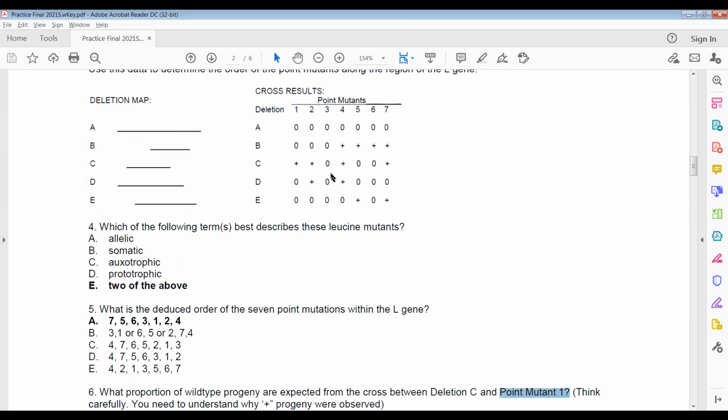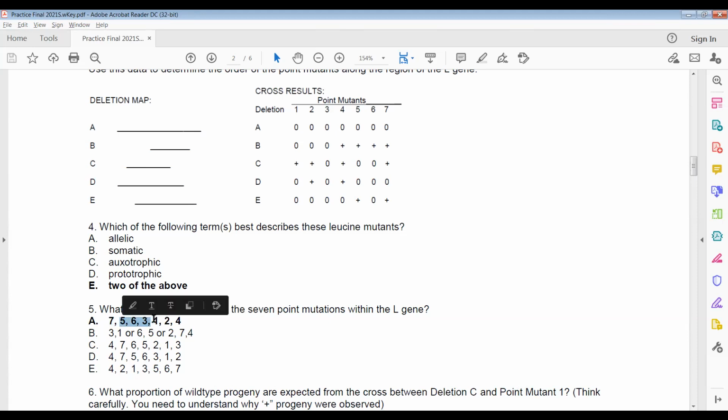Deletion C involves the region of 3, 5, 6. If you look at the right order here, 3, 5, 6 are in this region. So that's deletion C. We cross deletion C, which means we do not have this region, with another mutant with point mutation 1.